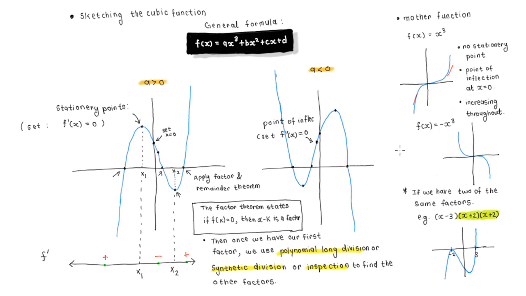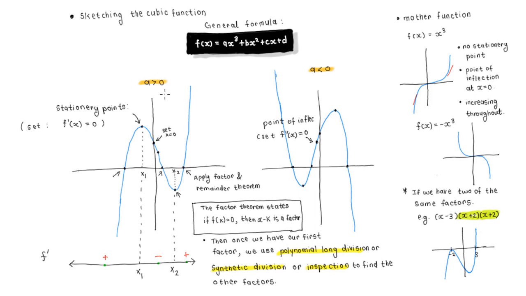And in today's video, we saw that sometimes you are going to have two of the same factors. So in other words, the bracket x plus 2 repeated. And when that happens, it means that the graph is basically going to bounce at that x value. We say that it is tangential to the x-axis at that point.